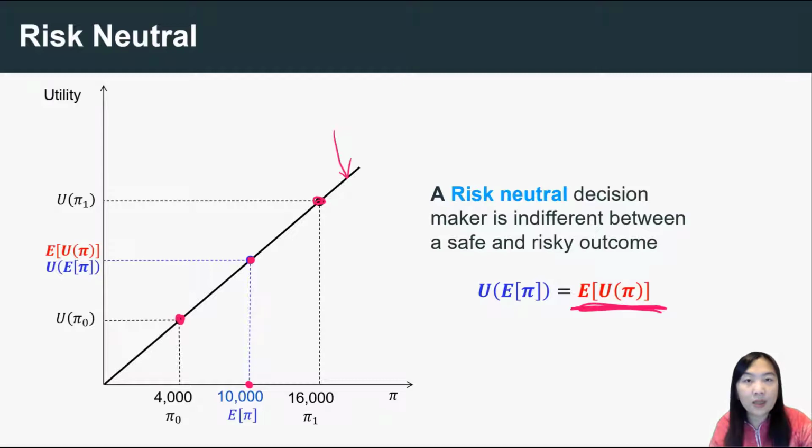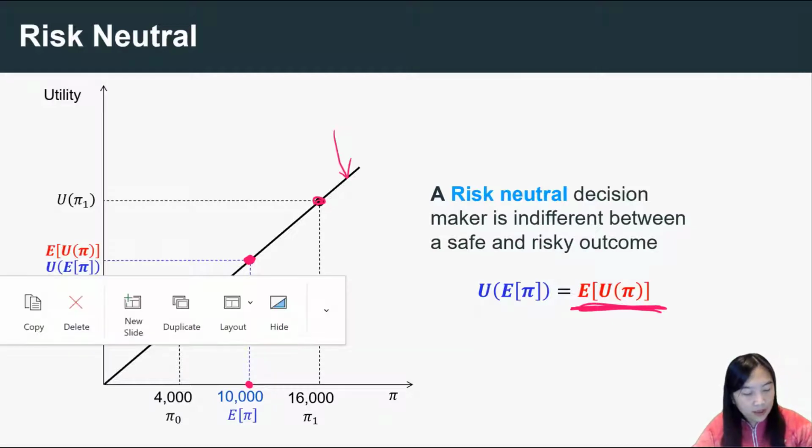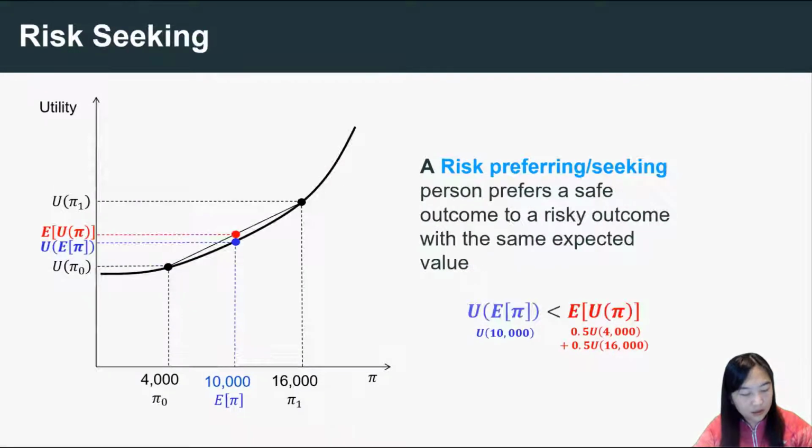Because the probabilities of the 2 outcomes are half and half, along that straight line connecting those 2 utilities, the middle point is the expected utility. And when the utility curve is a straight line, those 2 points are the same.